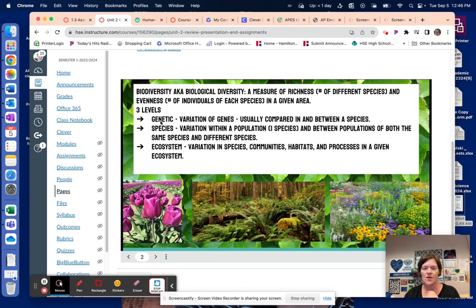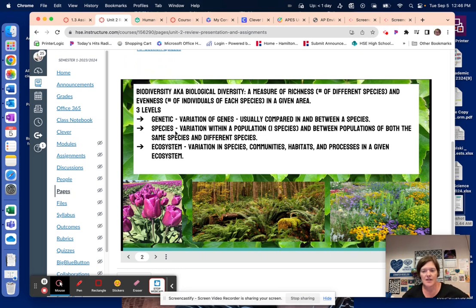Then understanding that there are three levels of biodiversity. There's genetic biodiversity, variation of genes, either within a species or between different species. There's species biodiversity, which is the variation of a species within a population, so the variation of mice per se in the example I gave you previously, or the variation between those three different species, hawks versus mice versus grasshoppers.